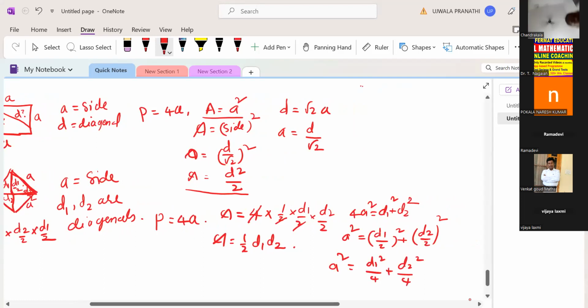Then we get this result: 4a square equals d1 square plus d2 square. Sum of squares of all sides equals sum of squares of the two diagonals. So we use this relation to do the problems in rhombus. This is a very important one. Next one.